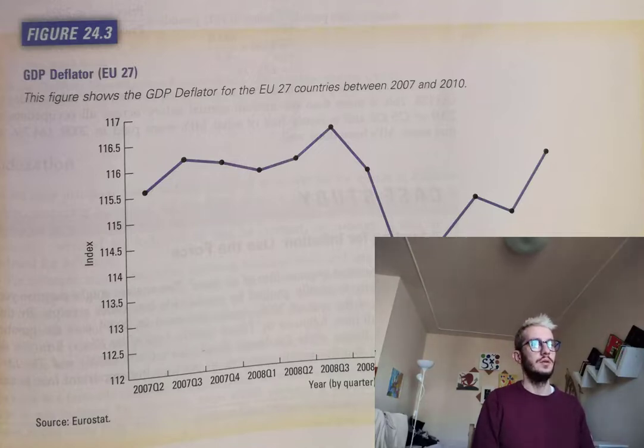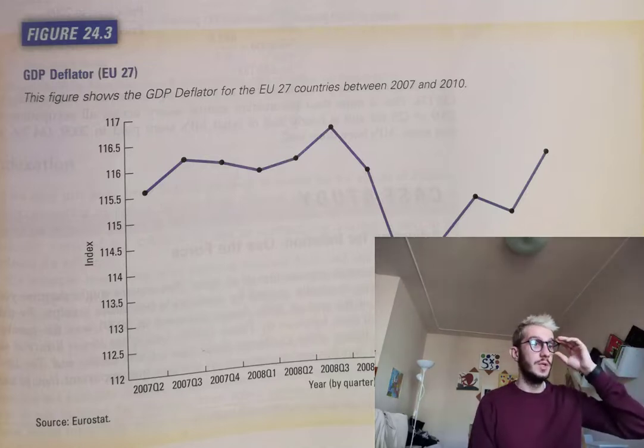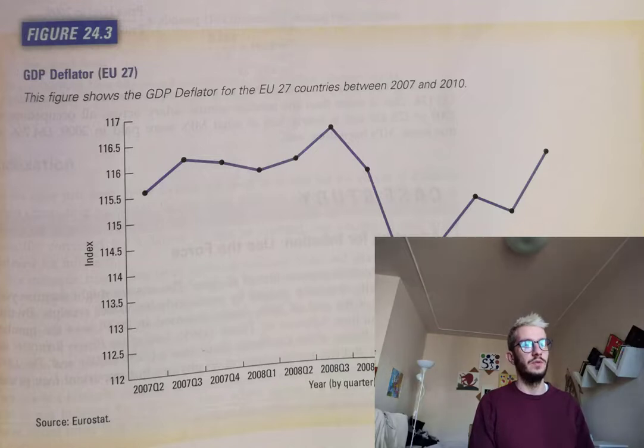And in the EU, for example, the GDP deflator index from 2007 to 2010 first went a bit up from 2007 quarter 2 to 2008 quarter 3. So the inflation went up, because this is a measure of inflation.